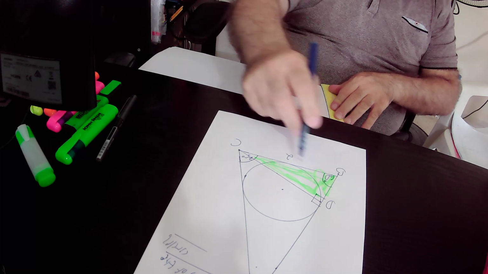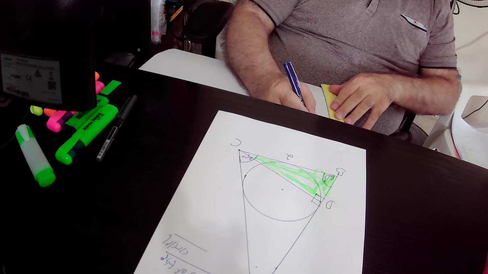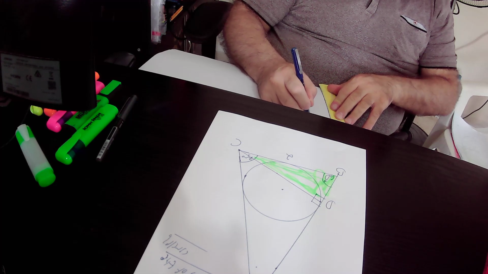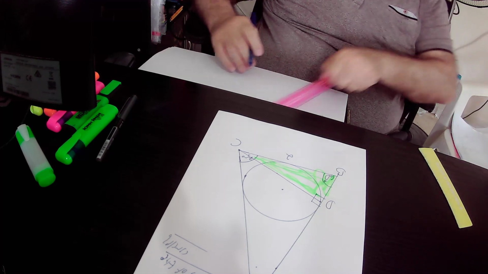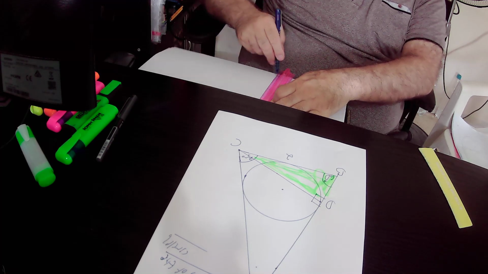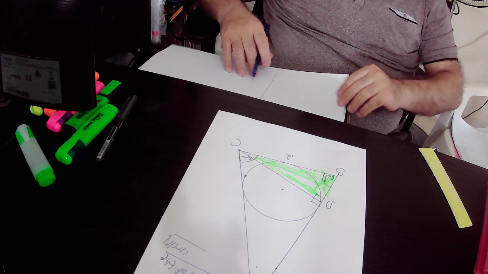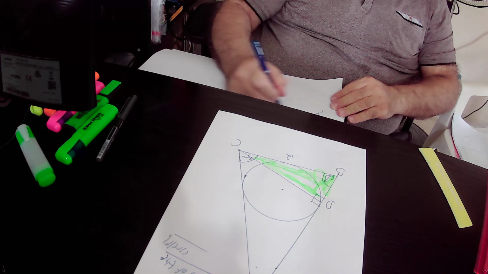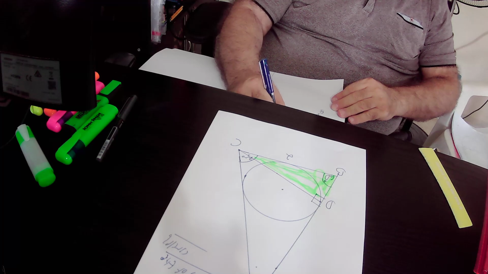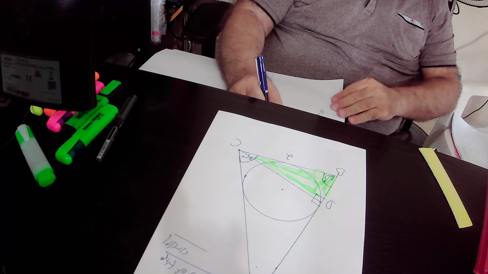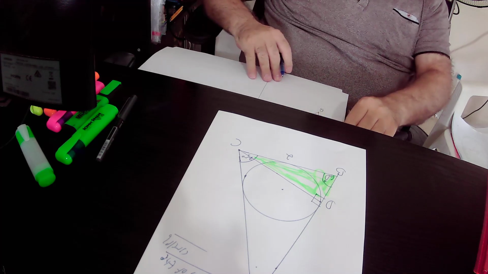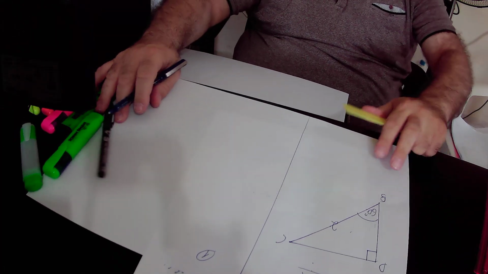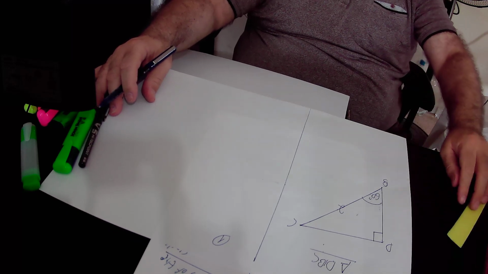We'll analyze the green triangle, triangle BDC. So this is the right green triangle, triangle BDC, that I copied from the original drawing.